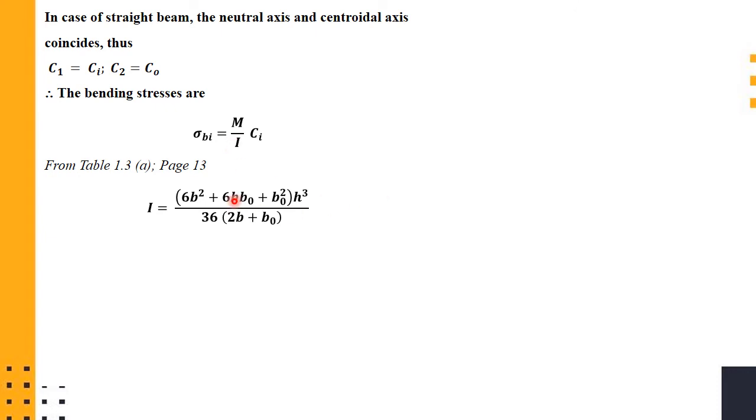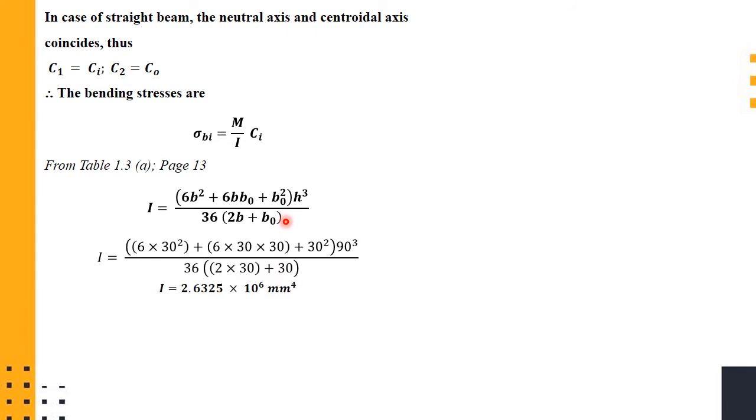What is B, what is B0, everything you already know. So you can directly substitute the values and get the moment of inertia, and after that substitute all the values in the bending stress at the inner fiber. So the bending stress at the inner fiber will be around plus 43.693 Newton per mm square.